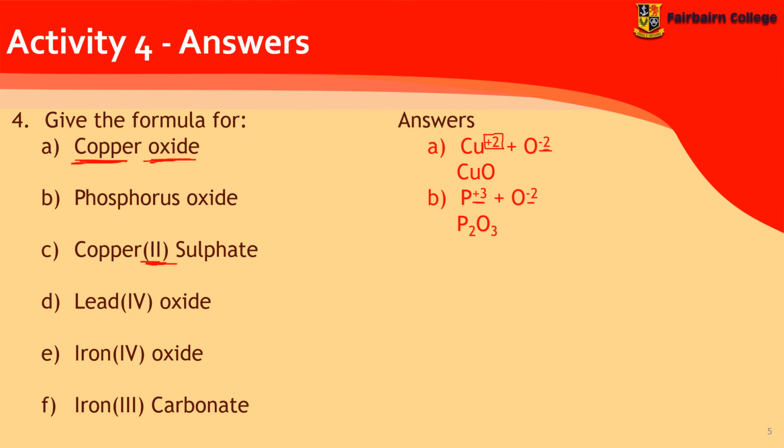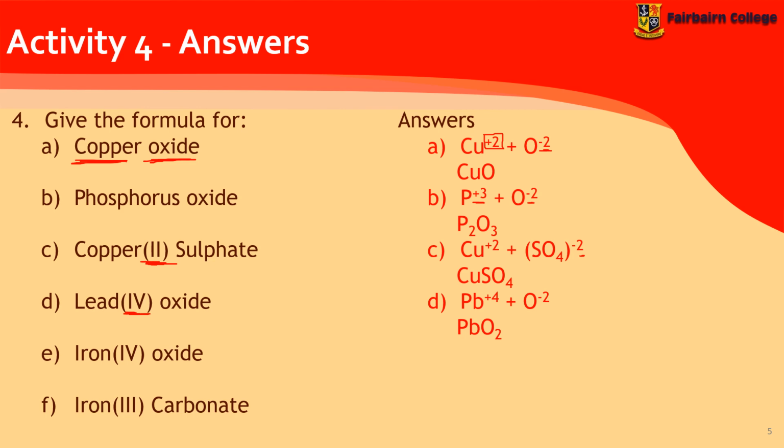So you know that it's copper +2, sulfate -2, so it's just going to be CuSO4. Then lead 4 oxide, so also something here, you must know your Roman numerals. So that's 4, so it's going to be lead +4 and oxygen -2, and that is then Pb2O4, which then simplifies to PbO2.